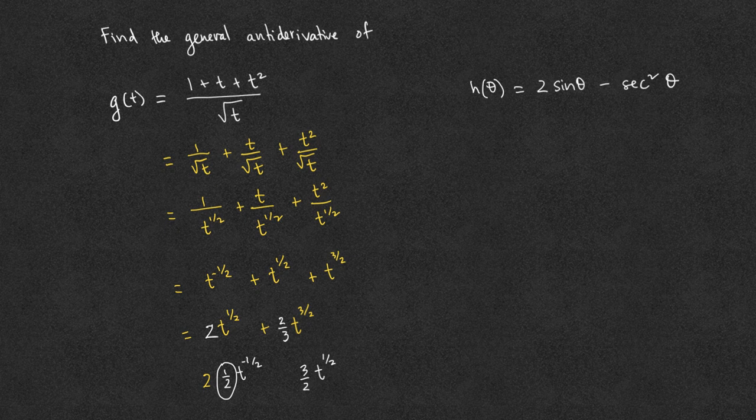And we check this. We bring down the factor 2 over 3. The derivative of t to the 3/2 is 3/2 t to the 1/2. 2/3 and 3/2 cancel out, giving us back t to the 1/2.